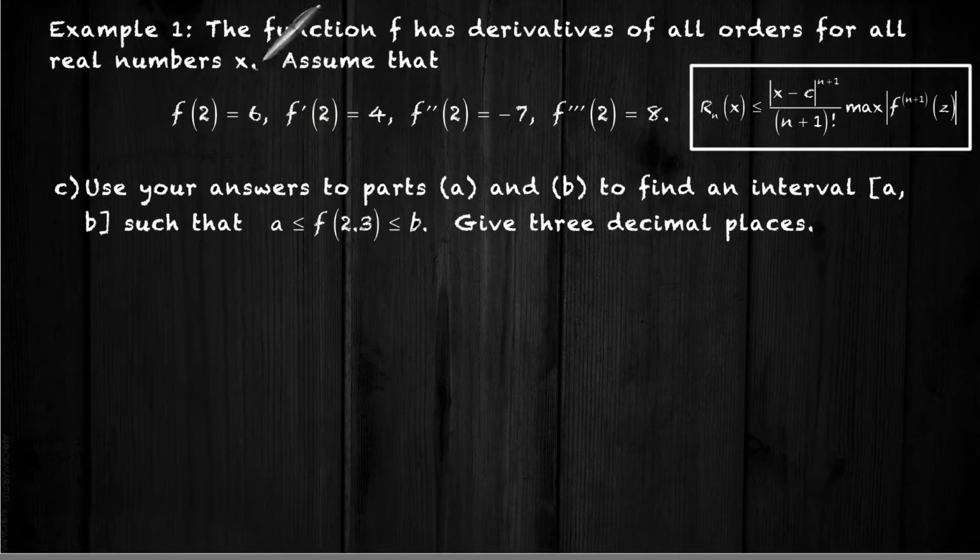Okay, in part C, it wants us to use our answers to parts A and B to find some interval such that the real value of f of 2.3 is guaranteed to be between some lower bound and some upper bound.